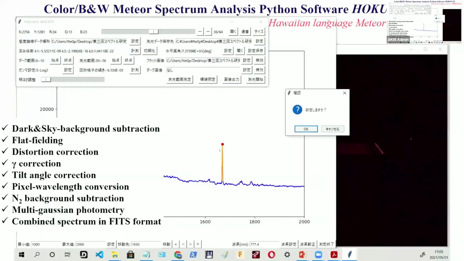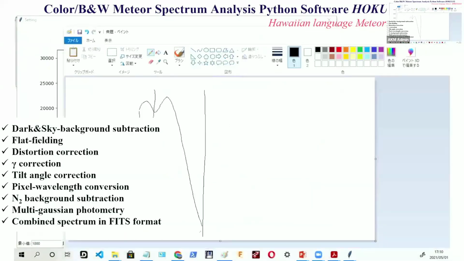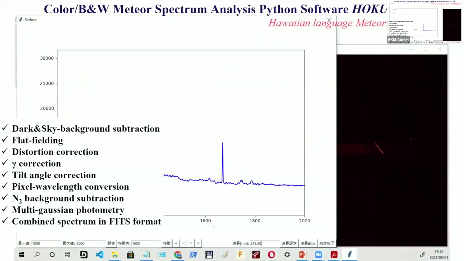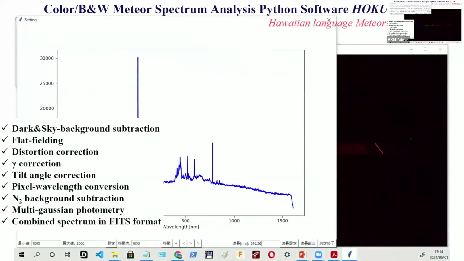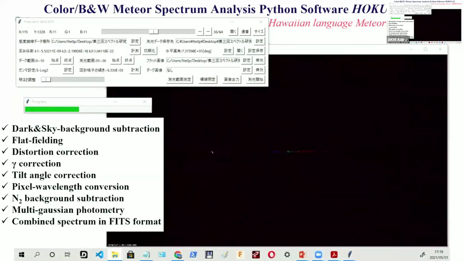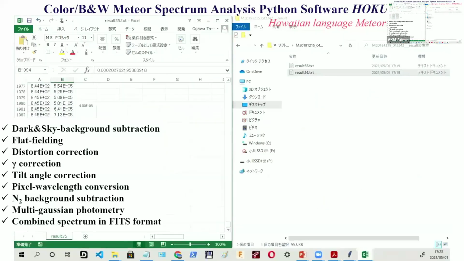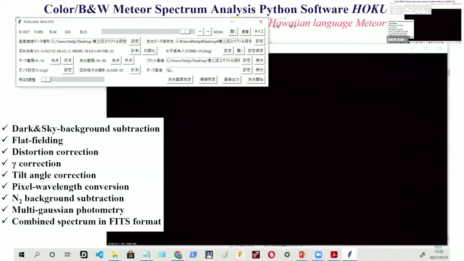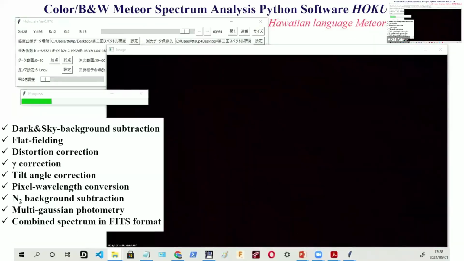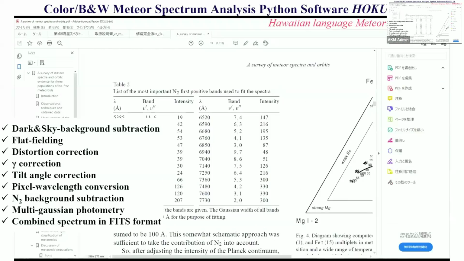This is the way we analyze and get more than 500 spectra in the same way. If you are an expert, you can analyze one spectrum within 20 or 30 minutes. Before using this software, it took about 1 day for one spectrum analysis. So we reduced a lot of time, and that's why we completed more than 500 spectra in this presentation.